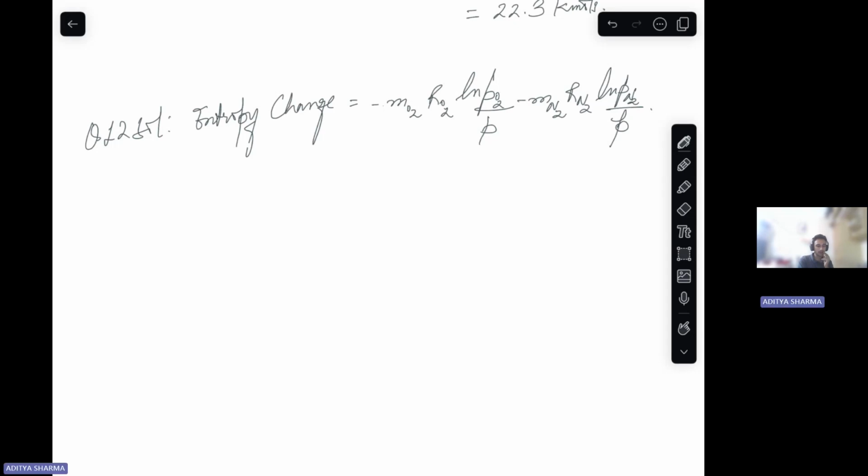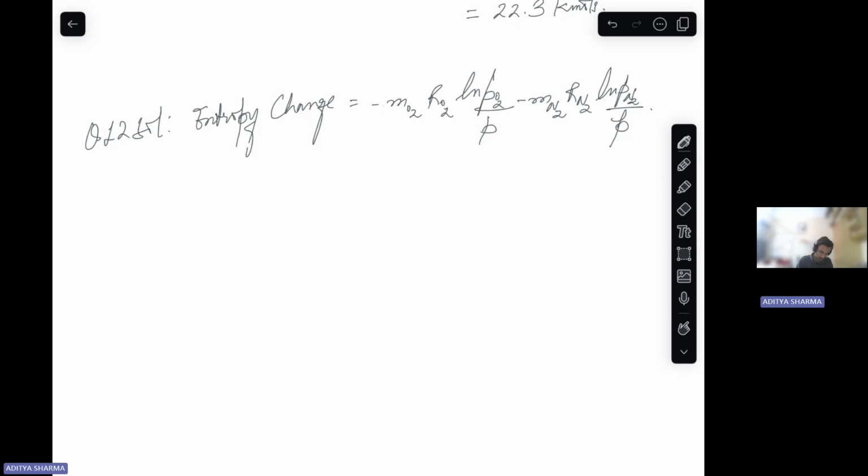Now, gas constant for oxygen and for nitrogen on the basis of their individual molecular weights, that we need to work out. And then partial pressures, the ratio of partial pressure to that of total pressure, we need to find out.